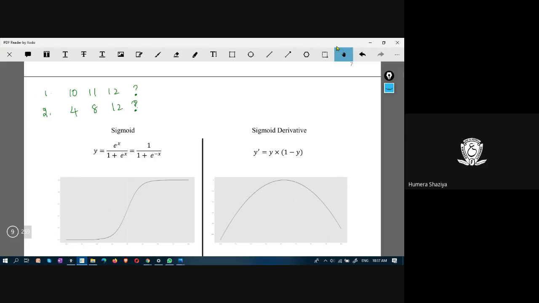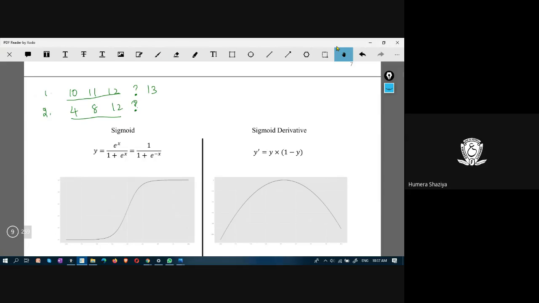What is the system predicting in this case? And what is the system predicting in this case? Can you make a guess? Here, the output will be 13. Why is it 13?